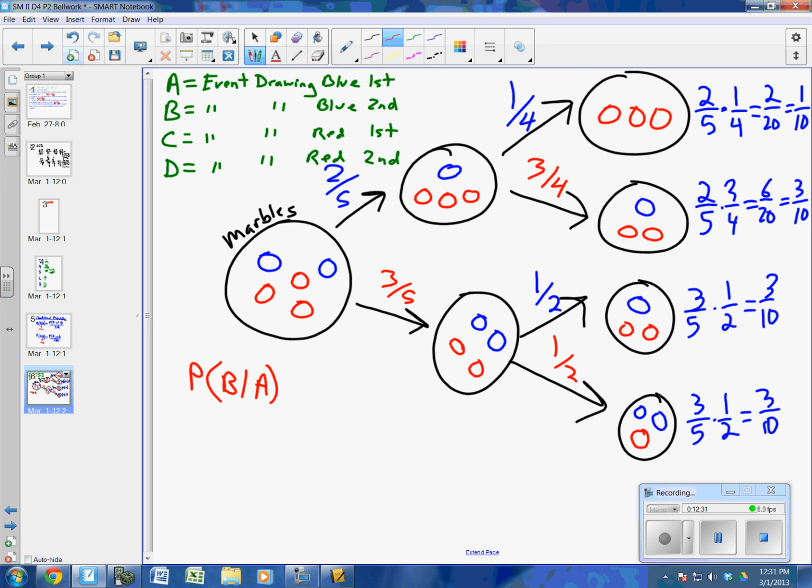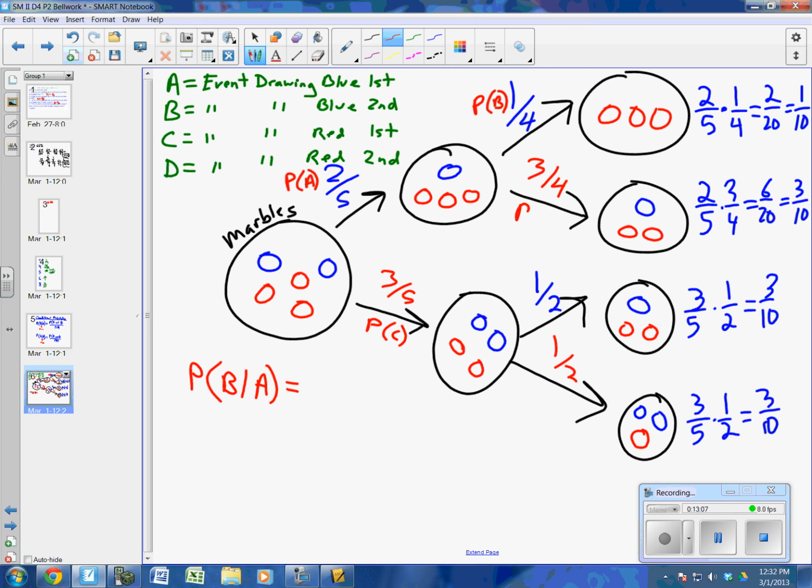The probability of B, of getting B, given that A happened. See, here's A, you guys. This is the probability of A right here. This right here is the probability of B, right? Does everybody understand that? And that's probability C of 3/5. This is the probability of C. What's this right here?